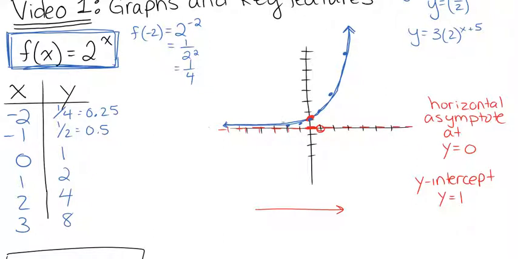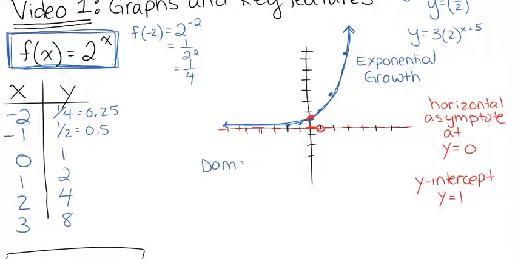We would say this is an increasing function, and we could also use the words exponential growth to represent this function. Certain biology things are represented with this function, like bacteria doubling over time would be an example of exponential growth.